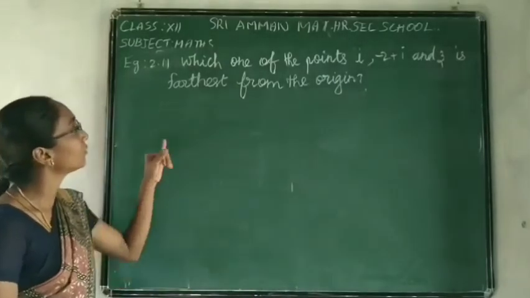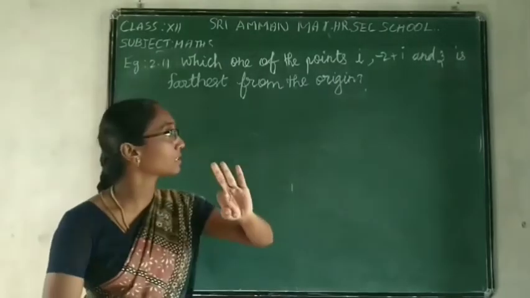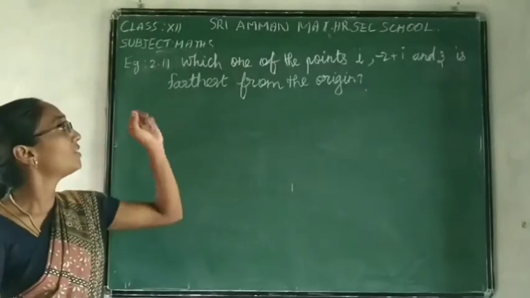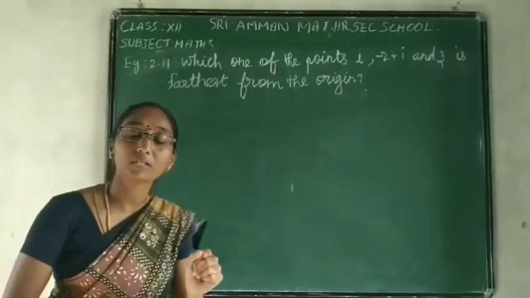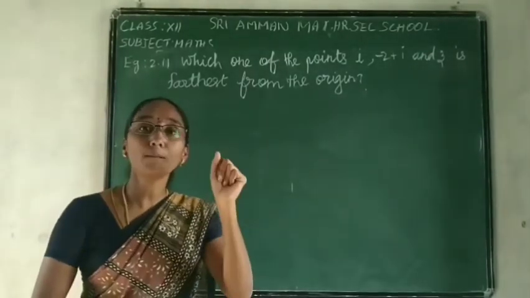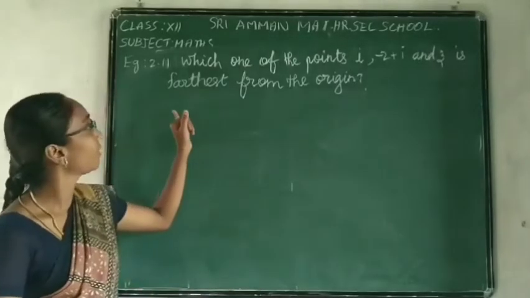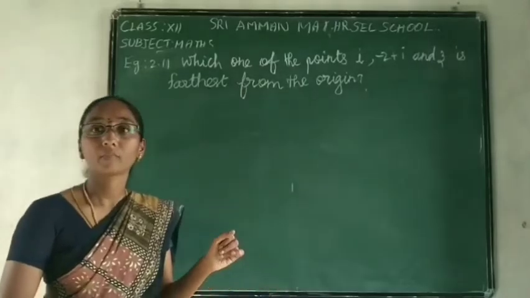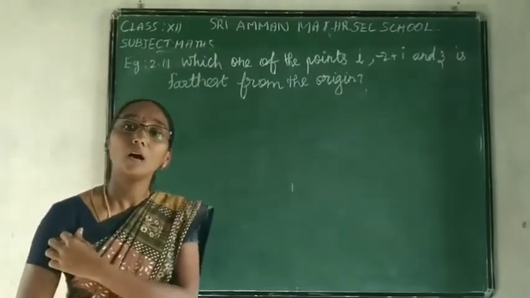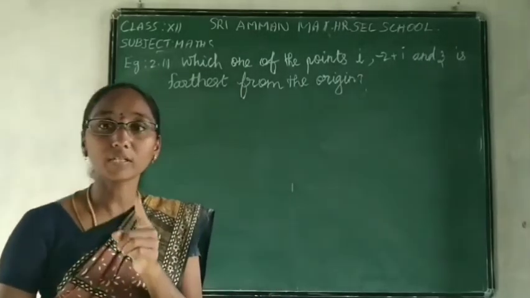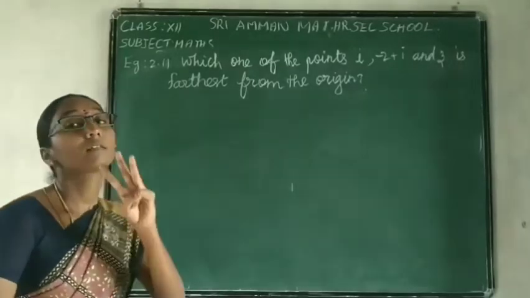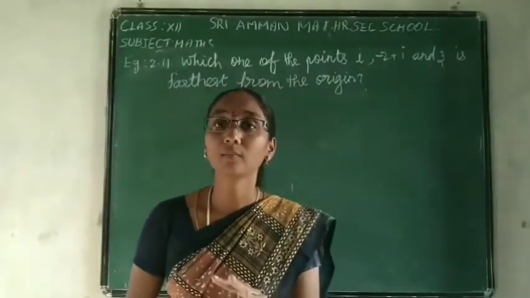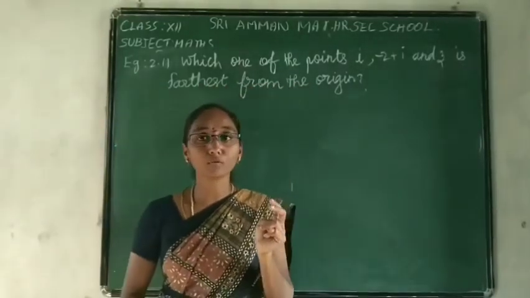Among these three complex numbers, which complex number is at the greatest distance from the origin? Do you understand the question? Three complex numbers are given. What is the question asked here?